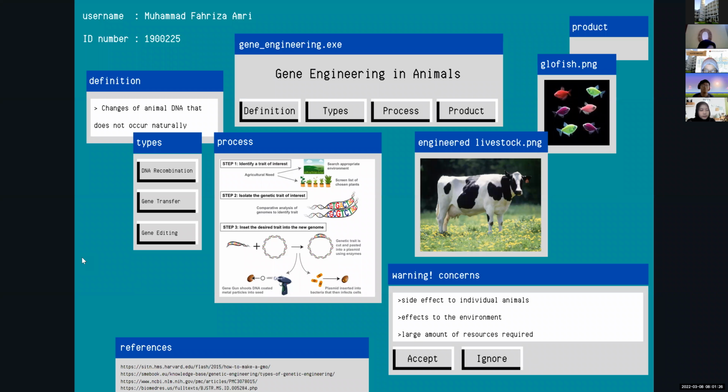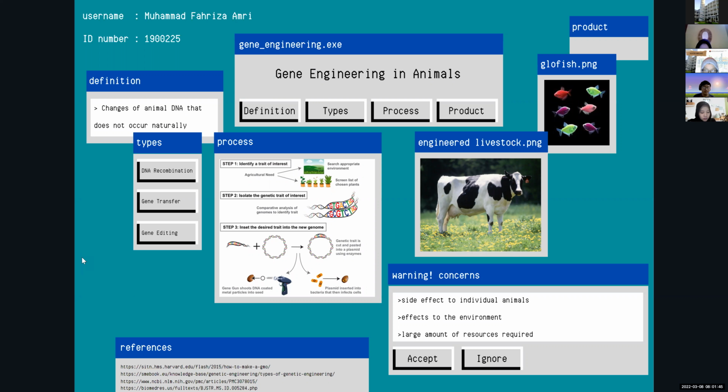So to sum it up, DNA recombination is when you put together genetic materials from 2 different organisms so that the end result would be the desired trait of, let's say, those 2 organisms.